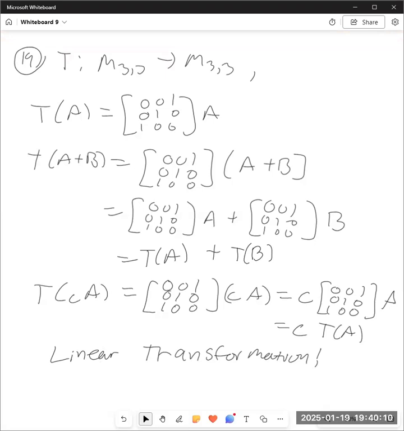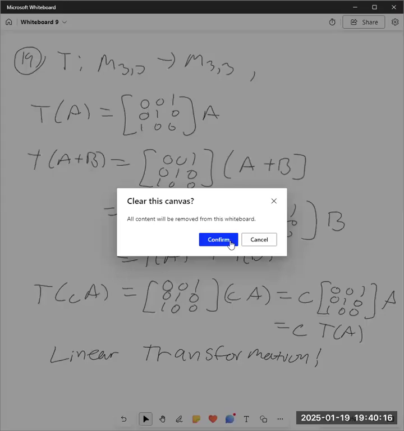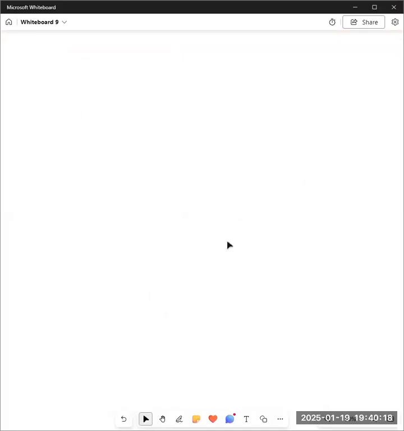Problem is number 21. P2 to P2. P2 is polynomials of degree 2 or less.